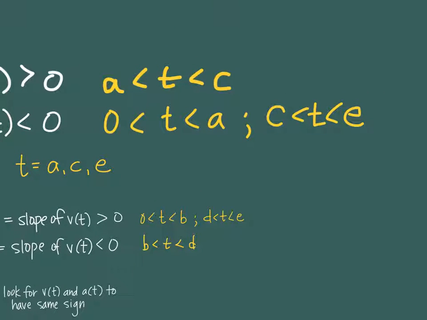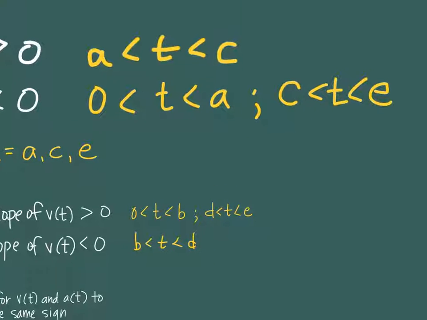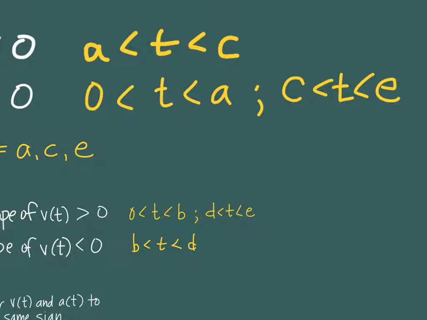We know V of t is positive between A and C. So within that, where is A of t also positive? So all between A and C, now look at acceleration. When would that have values within it that are also positive? A to B.